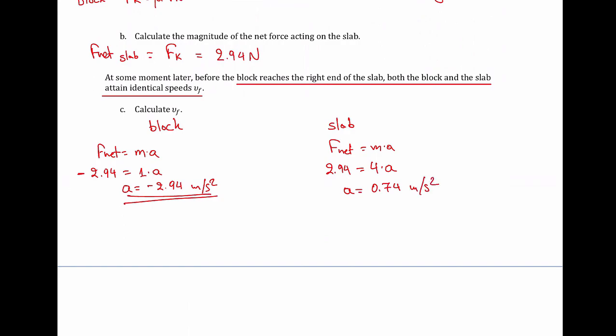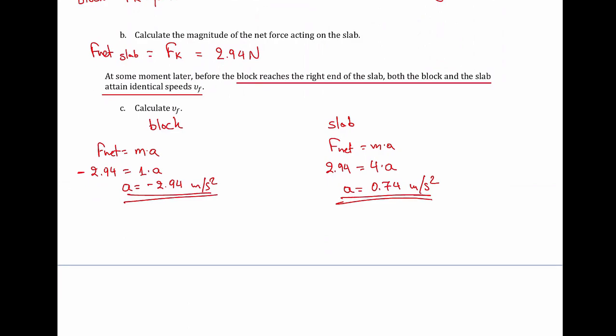Let me just confirm my calculation. 2.94 divided by 4, yes, 0.735 meters per second squared. So we have two different accelerations.